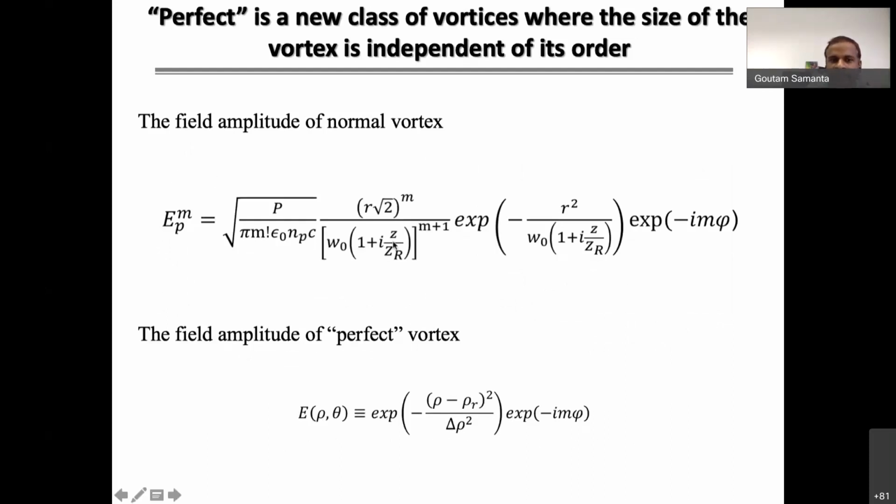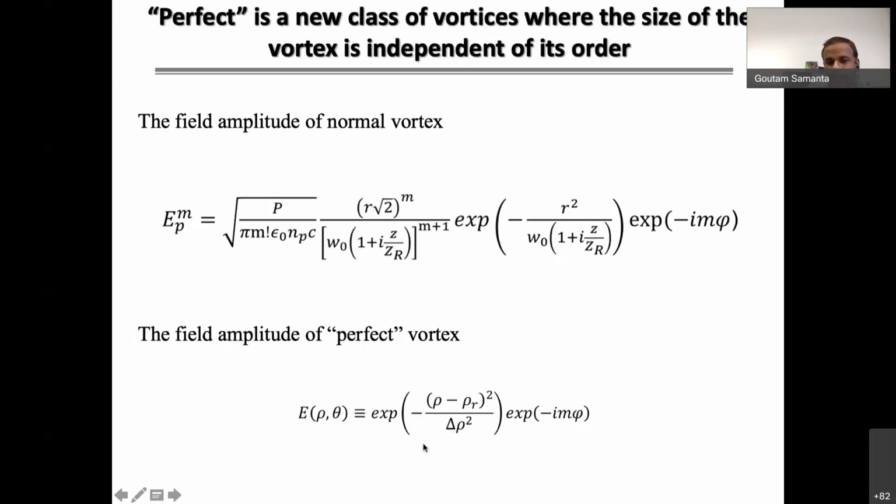where the electric field of the normal vortex looks like this, and this is the term which produces this donut shape with order dependence. But we can remove this spatial dependence using different techniques. We use one of the techniques, the formation of a Bessel beam, and then Fourier transform it to generate a perfect vortex, where this radial term will not be present.